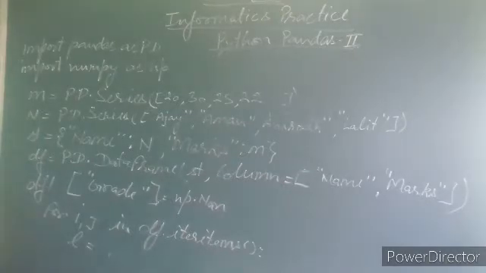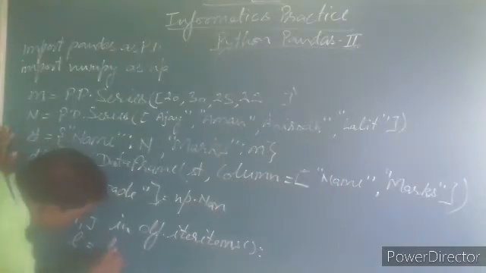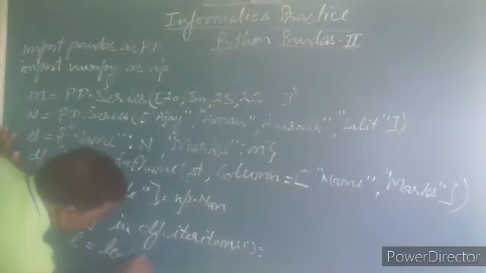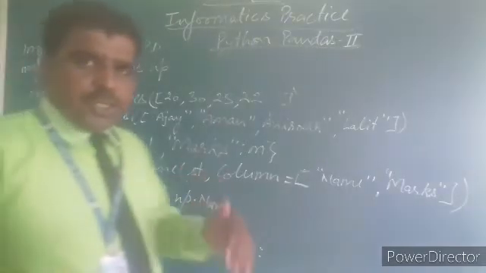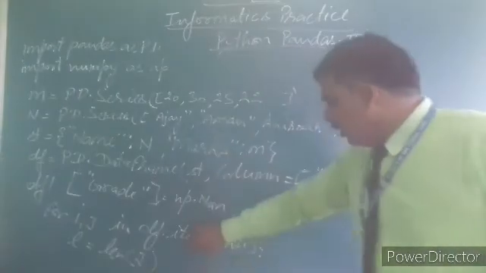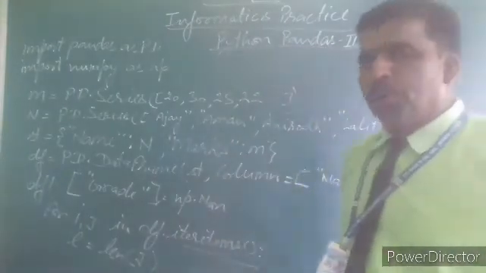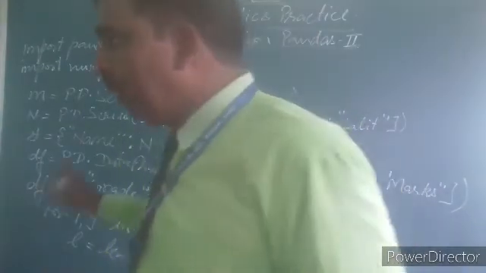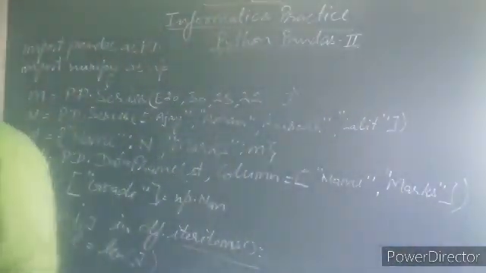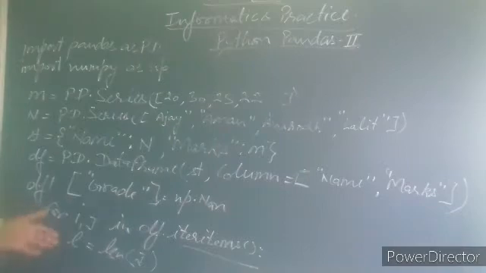That's why we are taking length equals to len(j). It means in j this data item value will be stored as a single item. As a single item we are storing it. So after that all the things will be stored in this form.